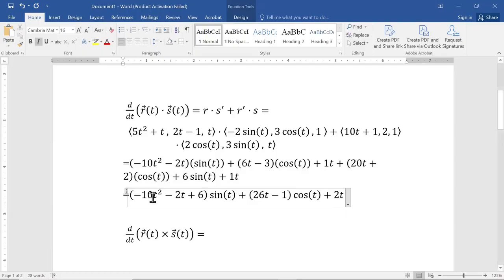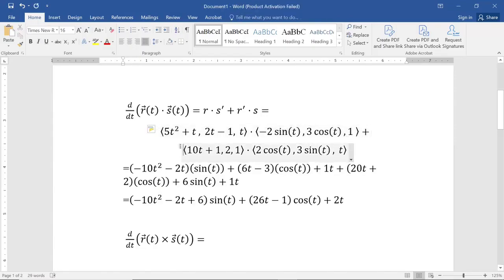And so that's what I get out when I do the dot product and then take the derivative. And that would be my final answer. Again, it was kind of messy there in the middle because there was a lot of dot product stuff going on.